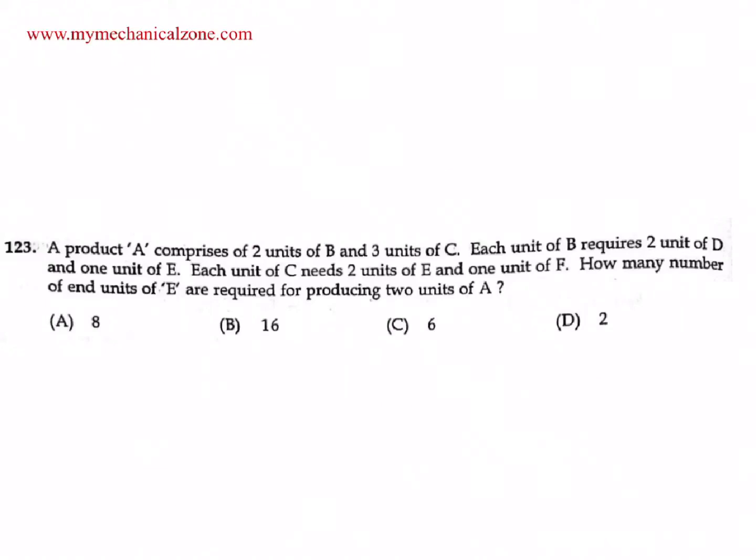So for A, 2 units of B required. For 2 units of A, 2 into 2. Then C, 3 units of C for 1 unit of A. So for 2 units, it's 3 into 2.